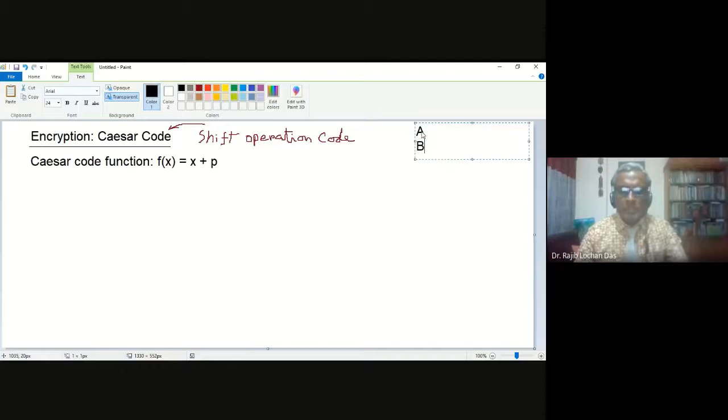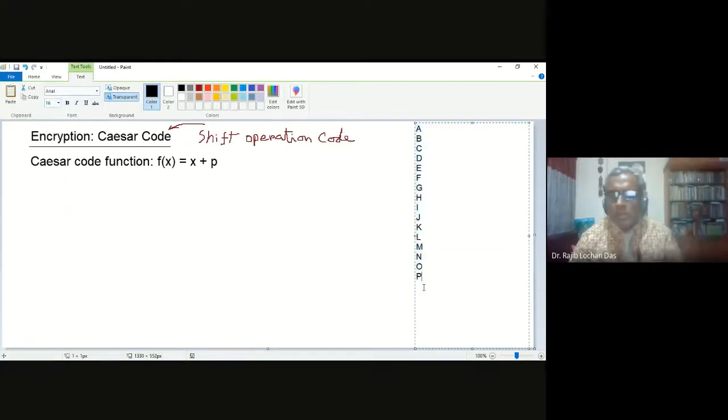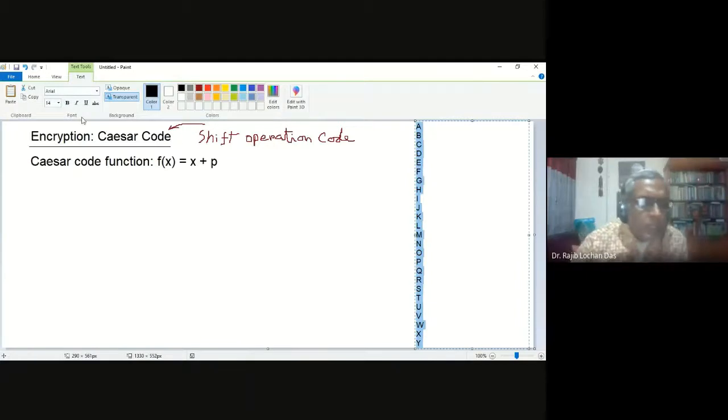Okay. So A, then B, then C, then D, E, then F, G, H, I, J, K, L, and so on up to Z. Let me make it a little smaller. So these are the letters.